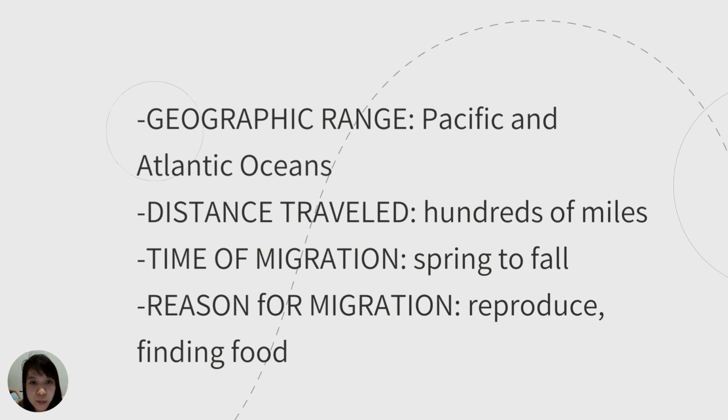People find salmon in the Pacific and Atlantic Oceans, and the distance traveled by salmon is hundreds of miles, because they move from the river or the stream to the open sea, the ocean, and this is a long distance. Maybe it's more than hundreds of miles, maybe 1,000, 2,000, 3,000 miles.